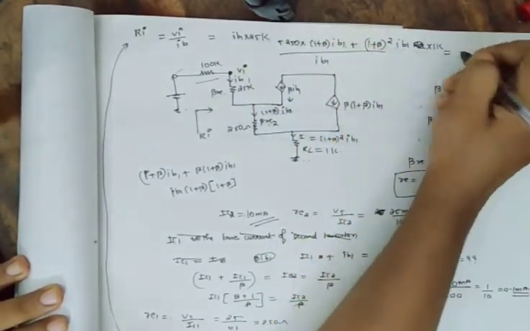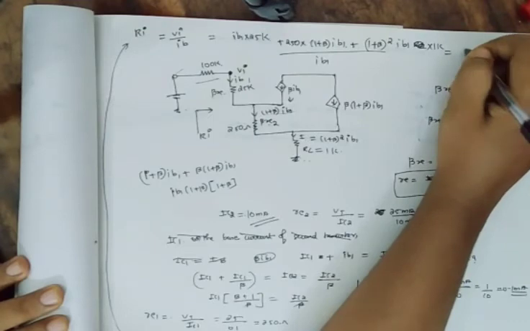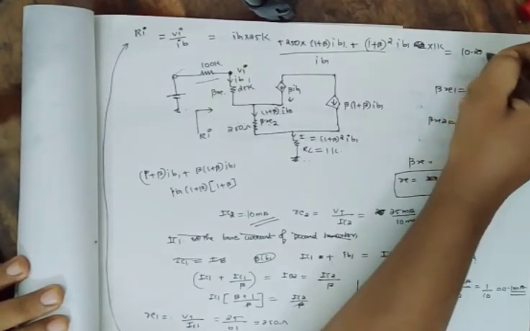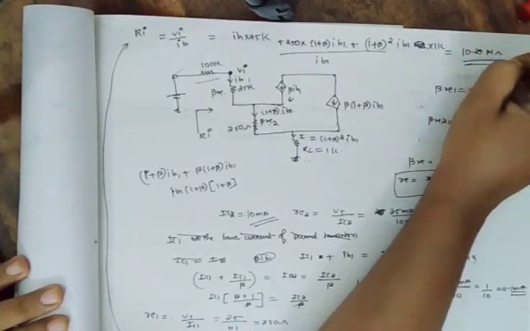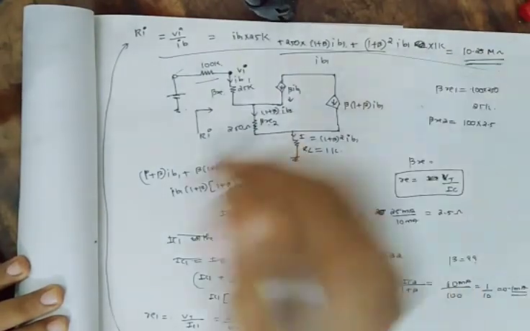So taking IB1 outside, we'll get 10.25 mega ohm. So this is the answer. Okay. Now let's do the next question.